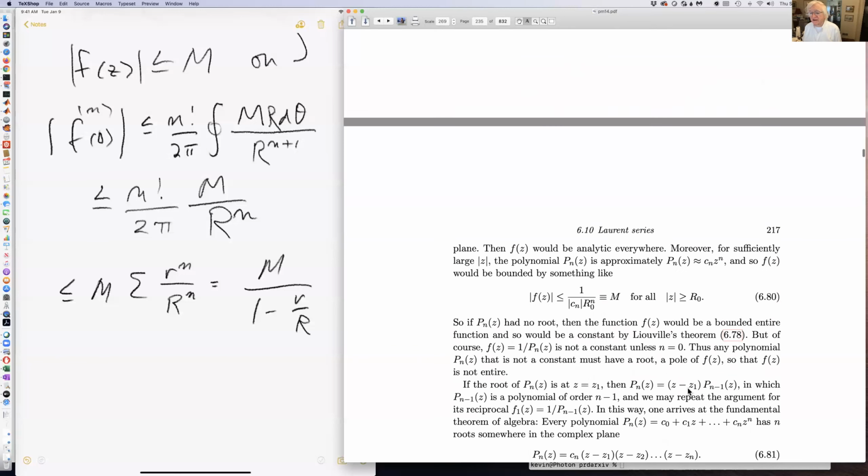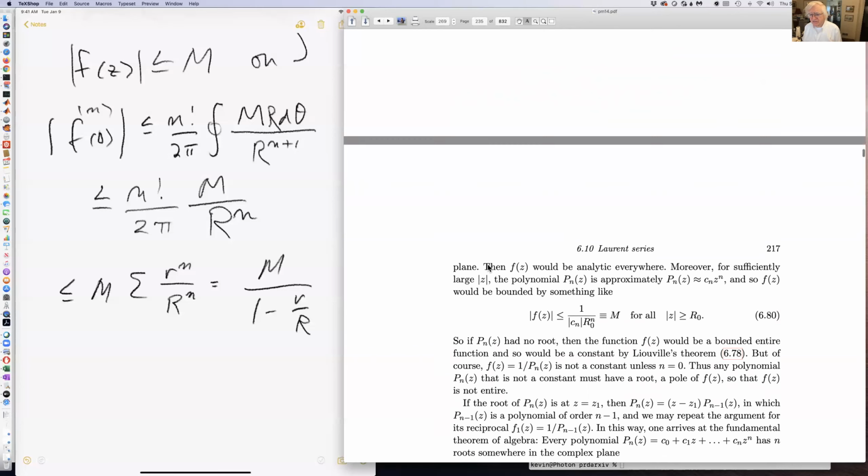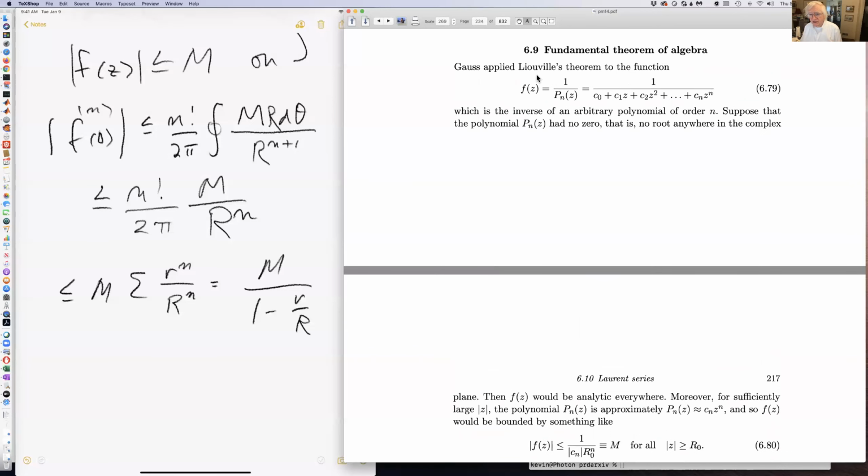On the other hand, for sufficiently large absolute value of z, this polynomial goes as Cn z to the n, and so f of z is bounded by something like 1 over the absolute value of Cn R0 to the n, for all z with absolute value of z greater than R0.